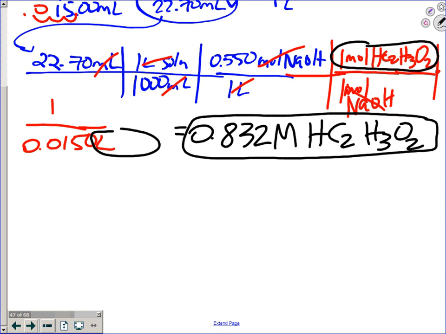I started it. I think I'm going to have to make it.